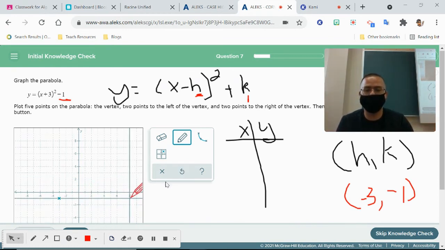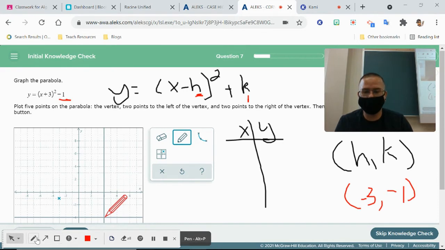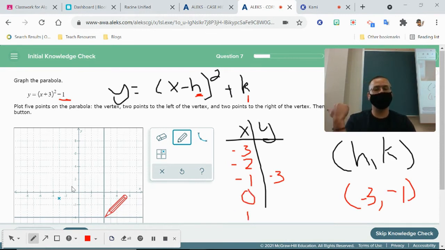If we have our point there, then we can go back to our table and find the rest. So we know that our middle point, our vertex, is going to be at -1, -3. So we need 2 points to the left of this and 2 points to the right. So I'll do -2 and -3, and I'll do 0 and I'll do 1. 2 on the left, 2 on the right. To get the rest of these points, you can just plug in and do the math.